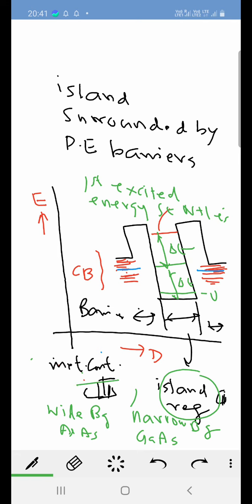So this is the basic structure or quantum well for a resonant tunneling diode. The barriers, as you can see, create the potential energy well.